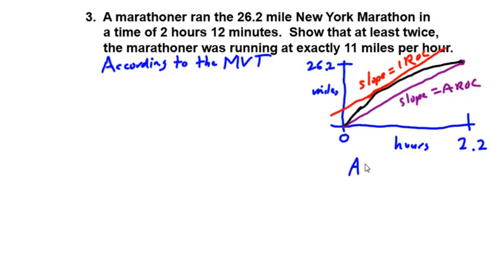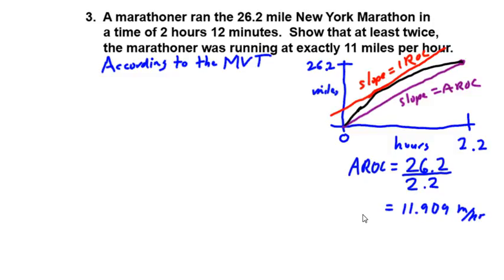So I'll write this like average rate of change equals 26.2 over 2.2 hours. So I think it's going to be 11.909, I think that's what it is, miles per hour. Okay. So that's our average rate of change.